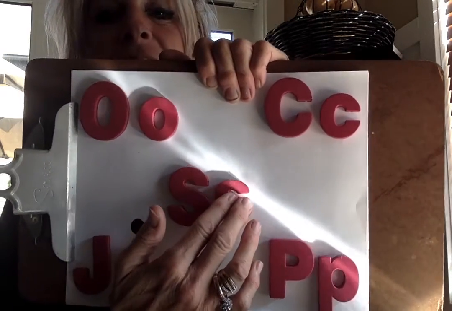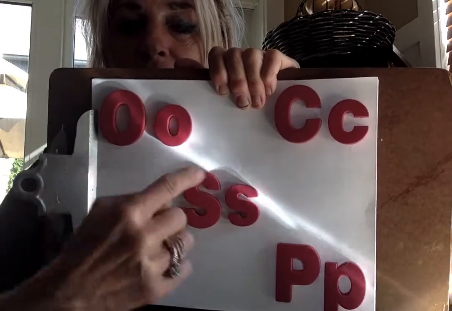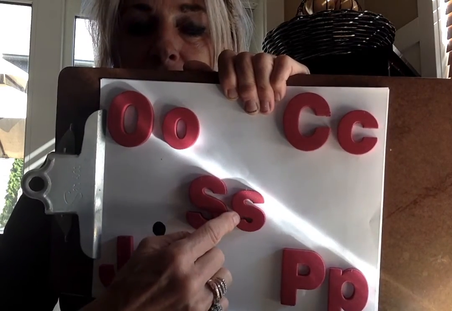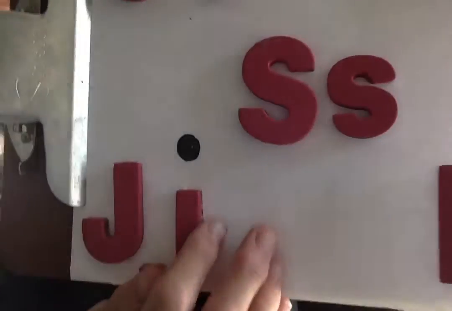Let's go to the S. Remember, the S is one of those that reminds you of a snake and you curve around. Start here, curve around, curve back around. Okay? Yesterday we learned about capital letters.